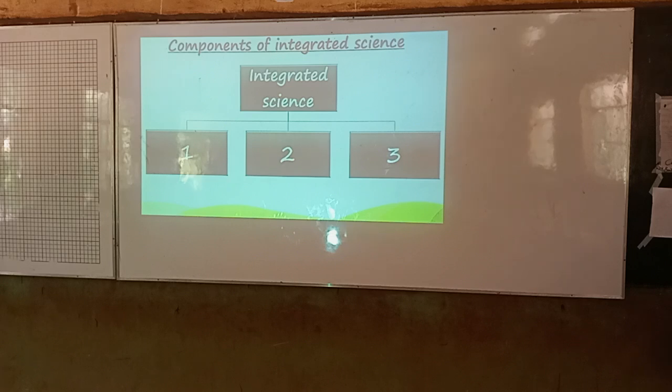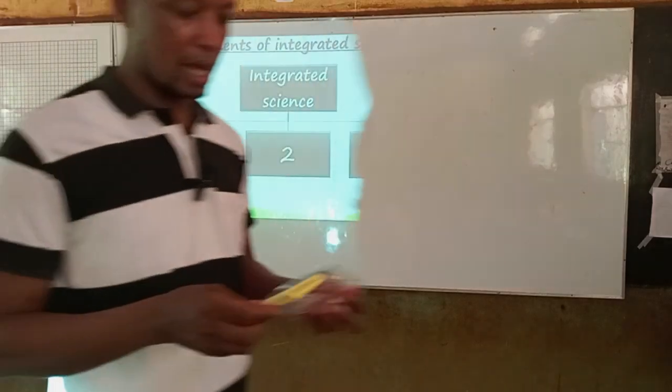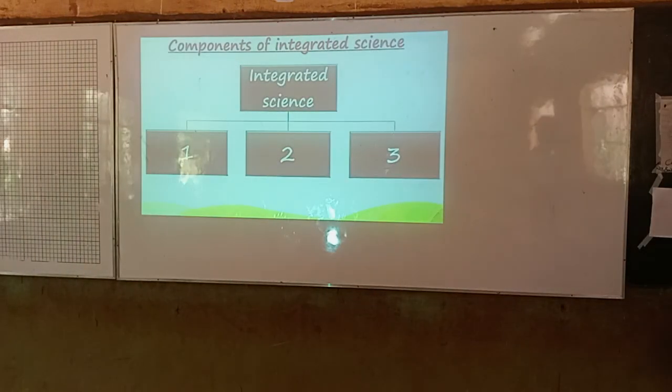Now, very fast, I want you to look at the components of integrated science. Components of integrated science. Using the sticky notes you represent. Tell him to give me around 10 minutes.